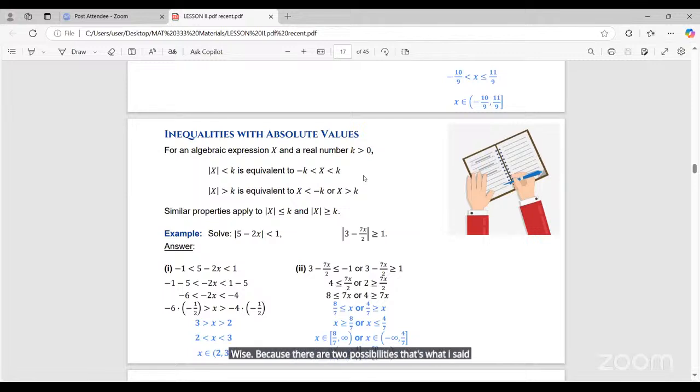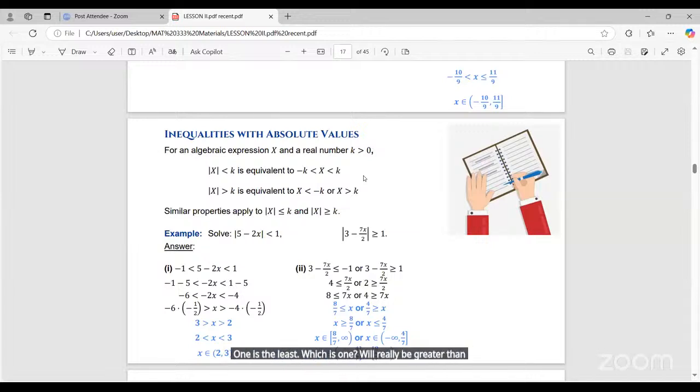If you say absolute value, it is a positive number. Let's say the absolute value of 2, or even 1, let's use 1. 1 is the least. You say it is greater than k. When will it be greater than k?